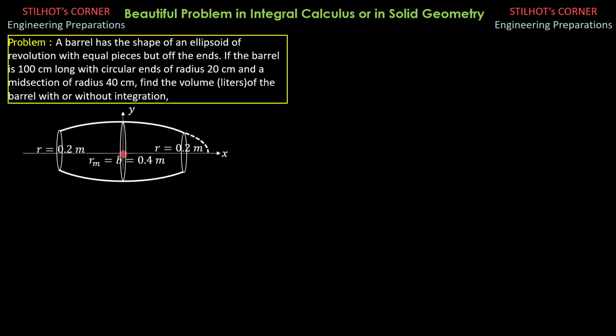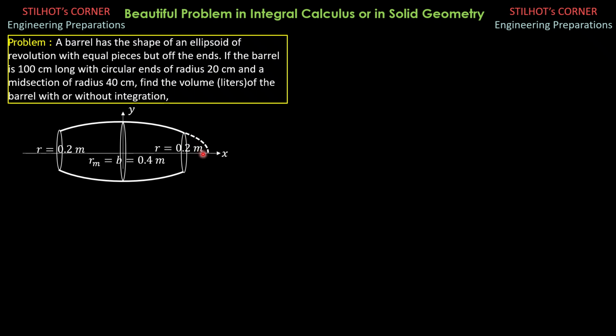At the midsection, the radius is 40 cm, so that's 0.4 meter, and that is also the semi-minor axis b, 0.4. This is b for an ellipse.